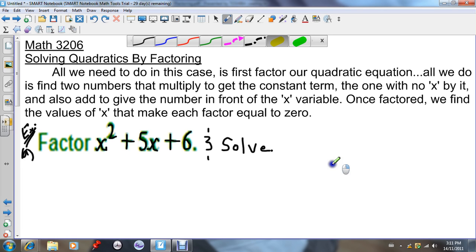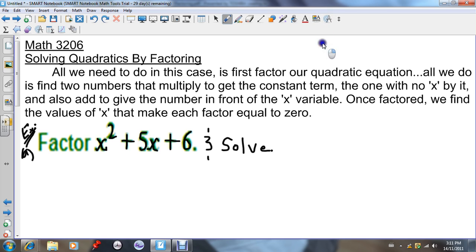Thus, we can solve our quadratic equation without even having to look for the intercepts or use the quadratic root formula. Now, if you were to do this by graphing or the quadratic root formula, you would find the same numbers. This is just a different tool by which to arrive at the same answers. So, we're looking for the values of x that make our quadratic equal to 0. How do we do it?